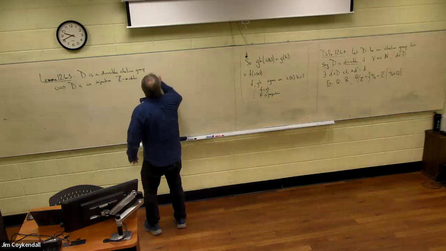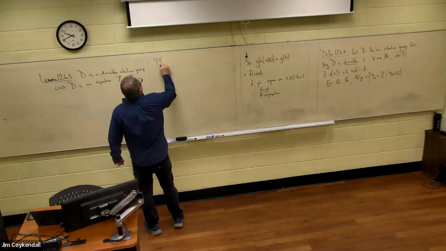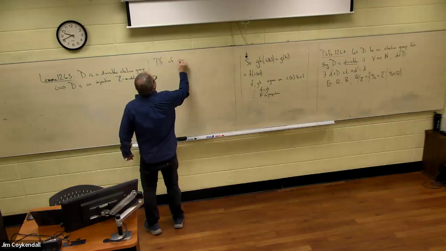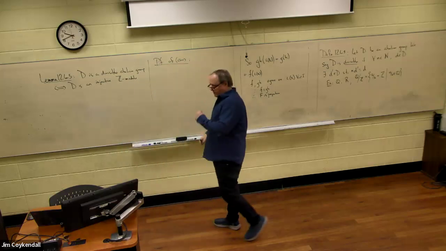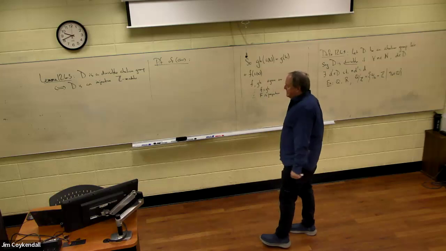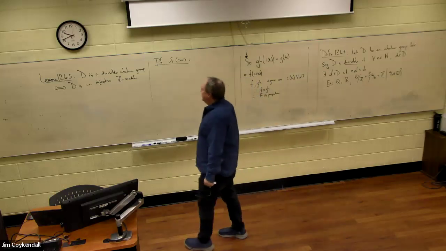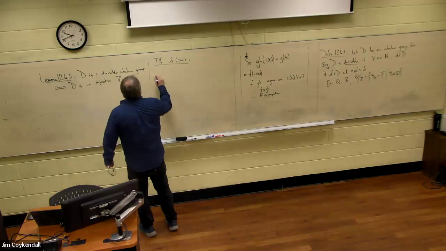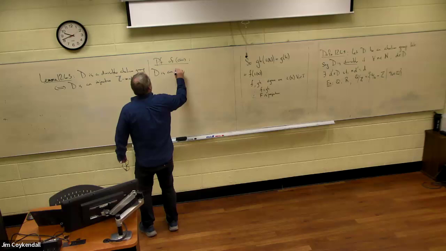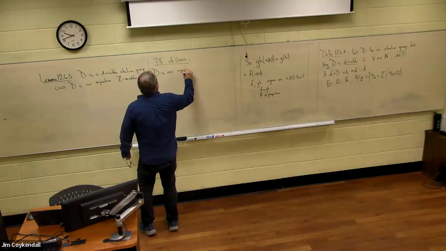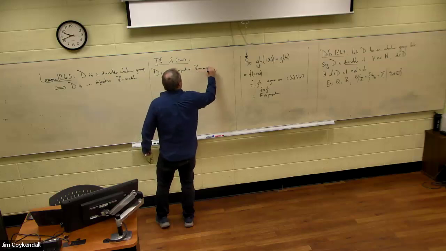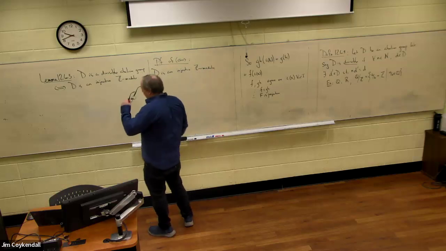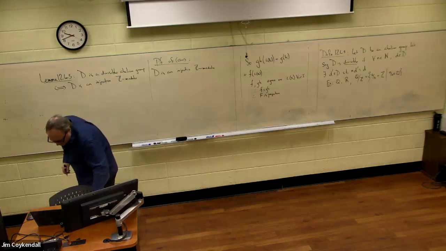I'm going to do one direction. I'll do that direction. So we know that D is injective. We want to show that it's a divisible group.